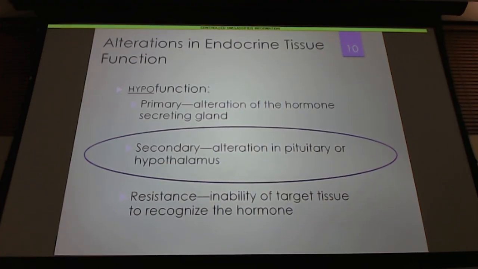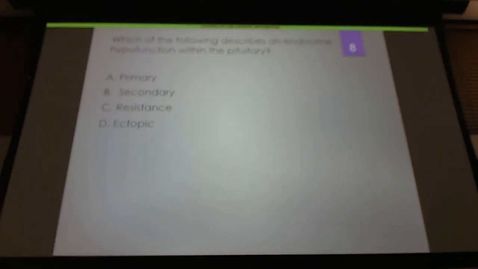So with primary, if it's a thyroid issue, where would it be? The thyroid, right? If it was like adrenal gland and it was related to cortisol, primary would be in the adrenal gland, right? Any pituitary thing is secondary.